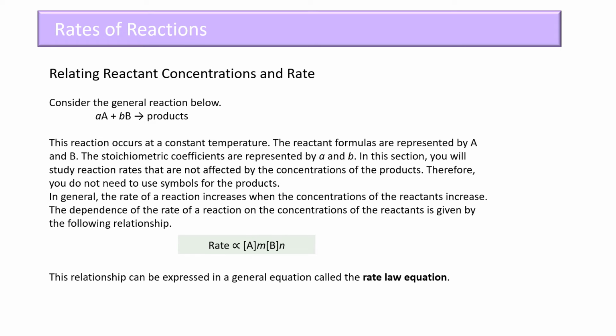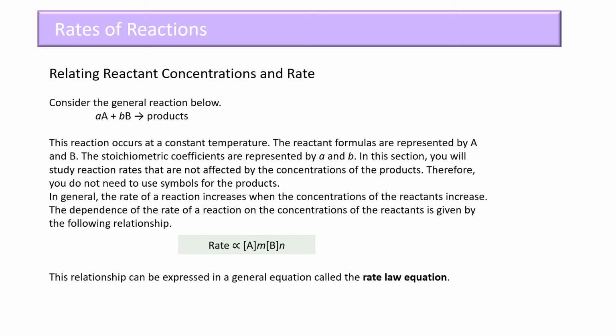In general, the rate of a reaction increases when the concentration of the reactants increases. The dependence of the rate of reaction on the concentration of the reactants is given by the following relationship.